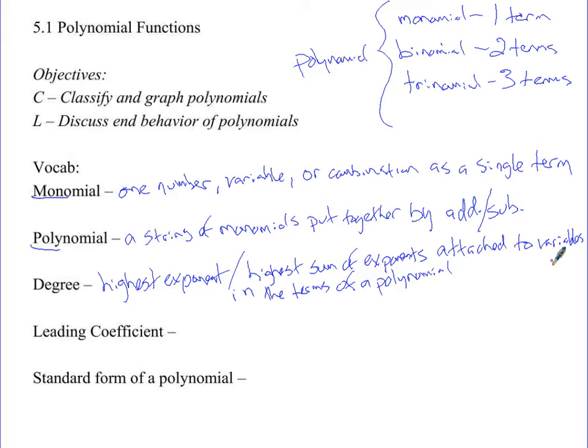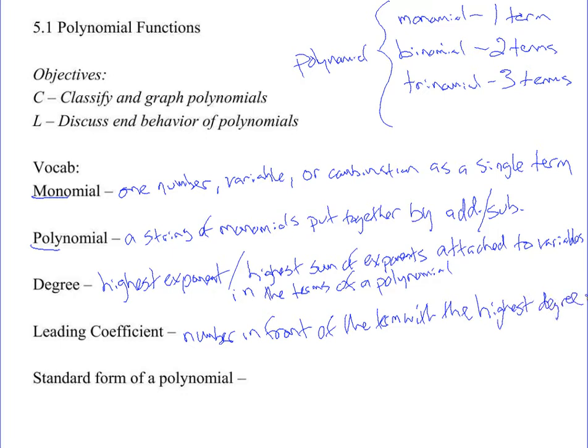The leading coefficient is the number in front of the term with the highest degree. So if I ask you for the leading coefficient of the polynomial, you would have to go through and figure out all of the degrees of all of the terms.